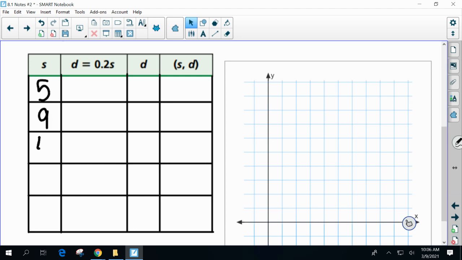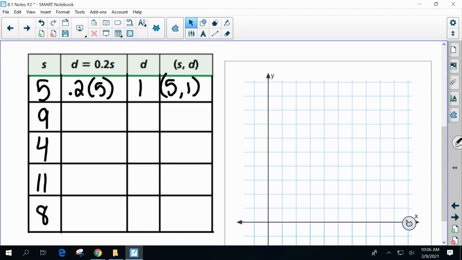And we are going to calculate how far the storm would be from them. So we have to take 0.2 times their seconds. So 0.2 times 5 is 1. So our coordinate would be 5, 1.